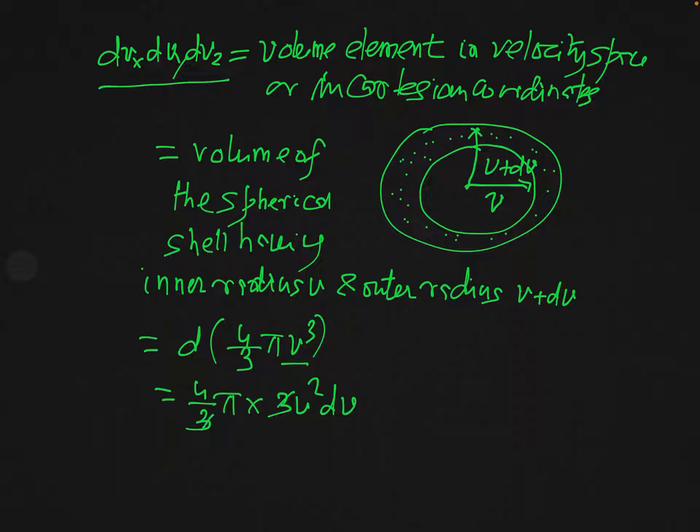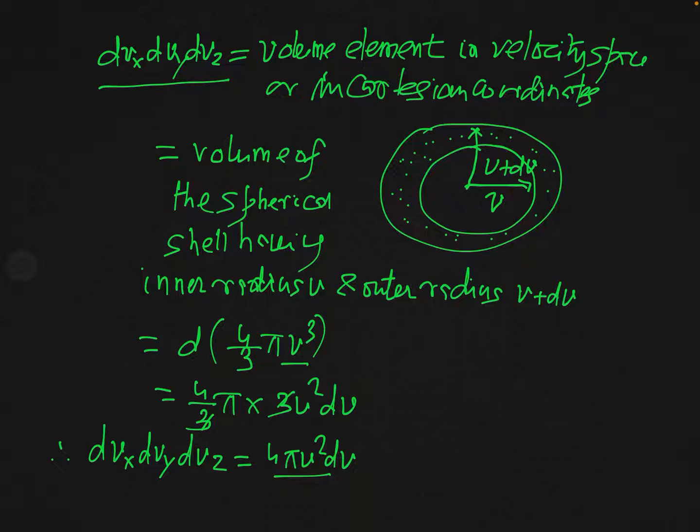So this 3 and this 3 cancel out, and we can write that dvx into dvy into dvz, this volume element, is equal to 4 pi v square dv. So I have expressed this volume element in terms of speed instead of the velocity components.